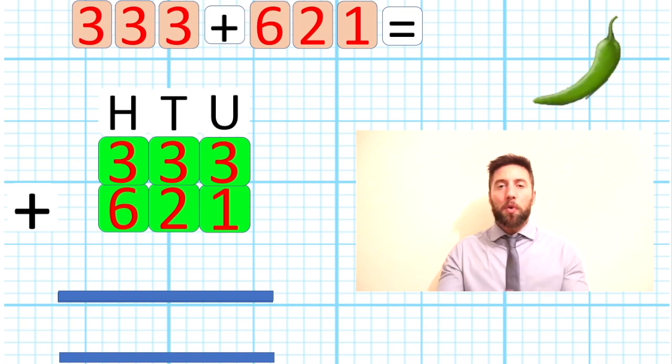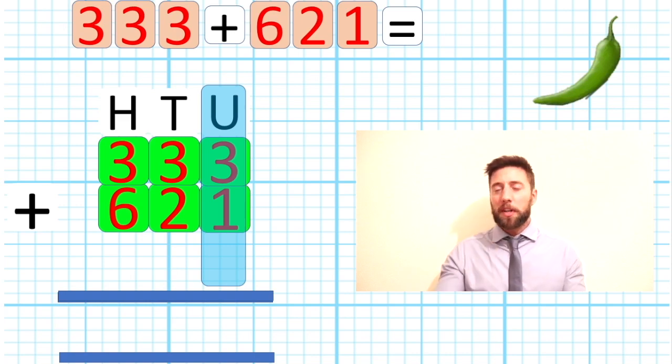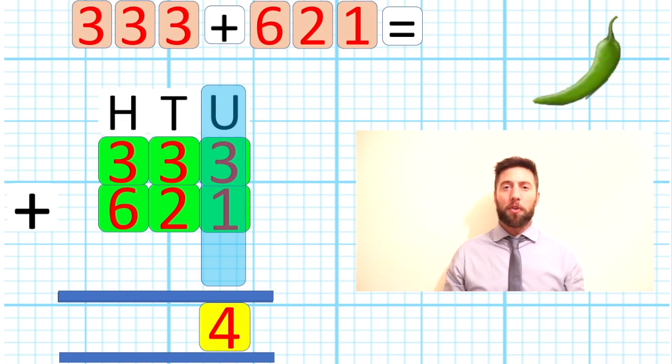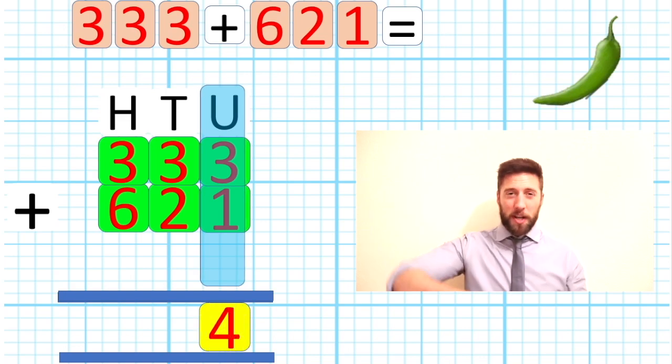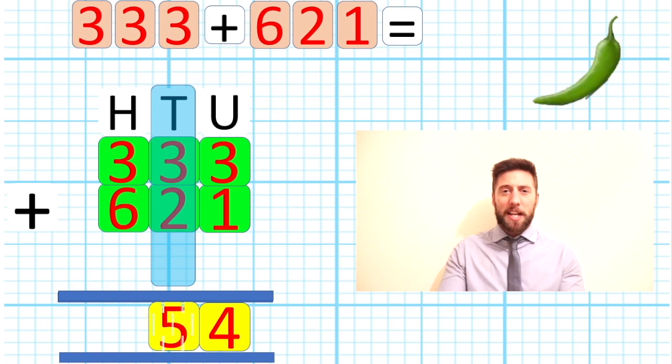Where do we begin? Well, we always start at our smallest value. And in this case, we've got a 3 and a 1 in our units column. So we are going to use our basic addition facts, and we're going to simply add them up. 3 add 1 is 4, so we just drop it into our equals bar. 4 units. Next, we've got 3 and a 2. 3 tens adding to 2 tens. A 30 add a 20 gives us 5 tens.